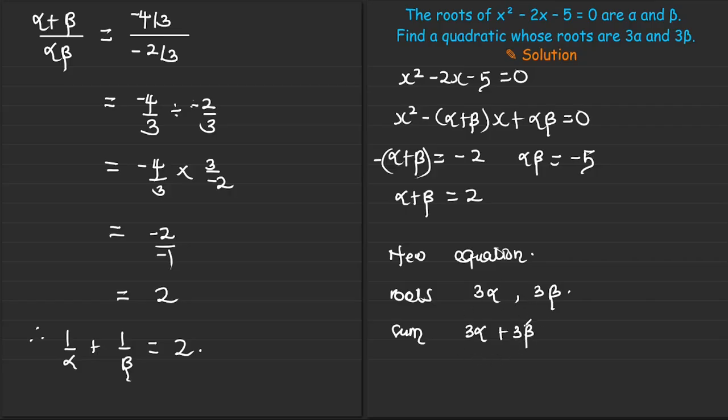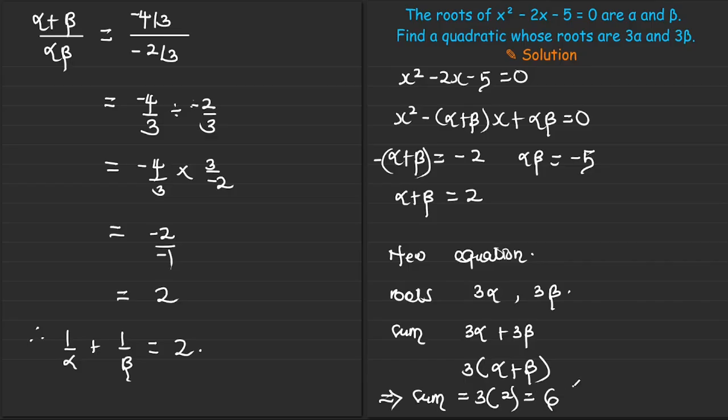Now this can easily be factorized as 3 into bracket alpha plus beta. Have we seen this anywhere? Yes, this is alpha plus beta. So the sum of the roots is going to be 3 into bracket the alpha plus beta, which is 2, and hence it is equal to 6.